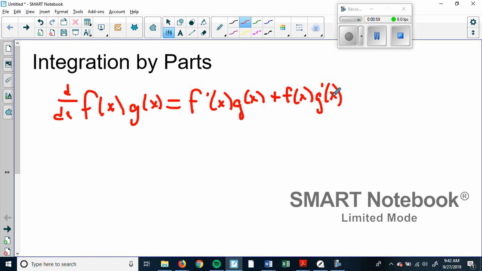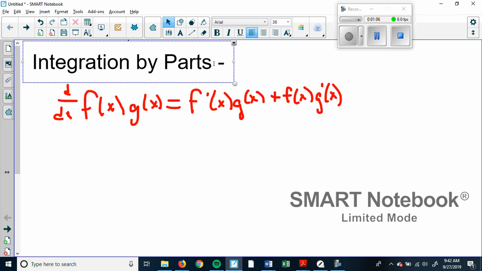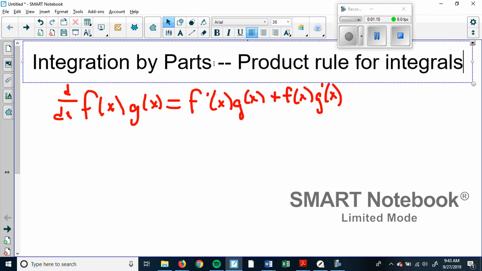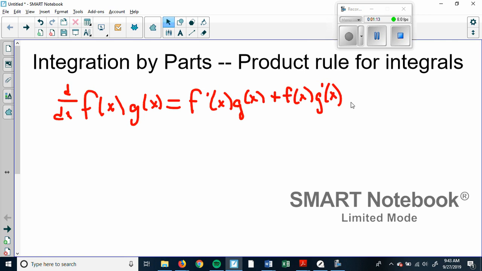Okay, so that's something you should know. But what you should know is that integration by parts is kind of like the product rule for integrals, if you will.